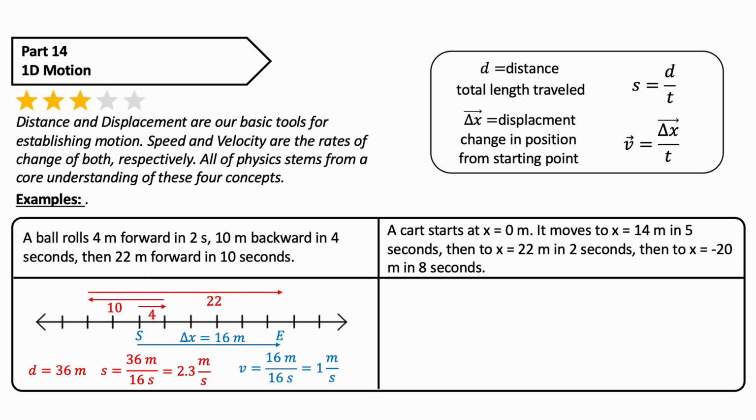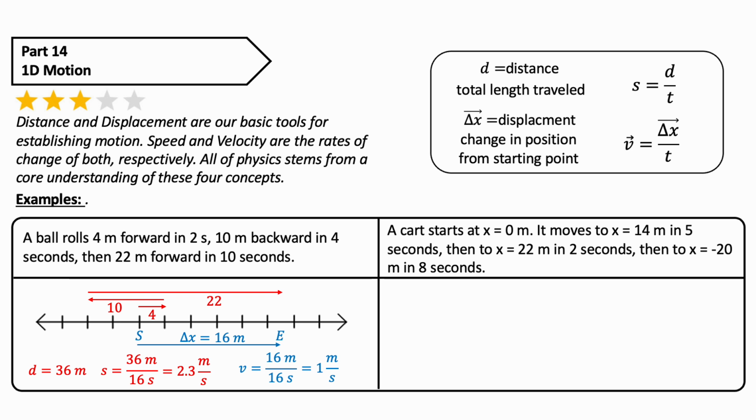On average, it was moving kind of slow, at only 1 meter every second, because it spent time not only going forwards but going backwards. So if we're measuring the effectiveness of it moving forwards, it's not as effective as when we're measuring its total effectiveness of motion as 2.3. Okay, so with all 4 measurements, we get a clear picture of what this thing was doing.